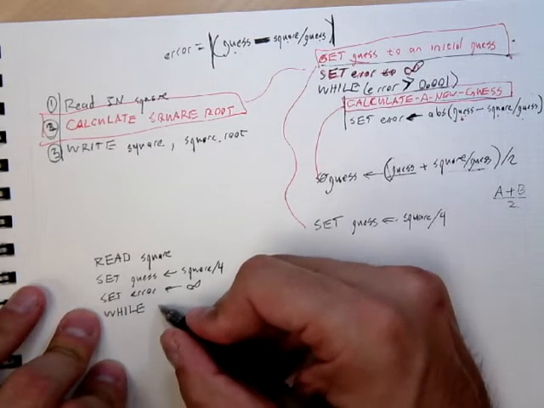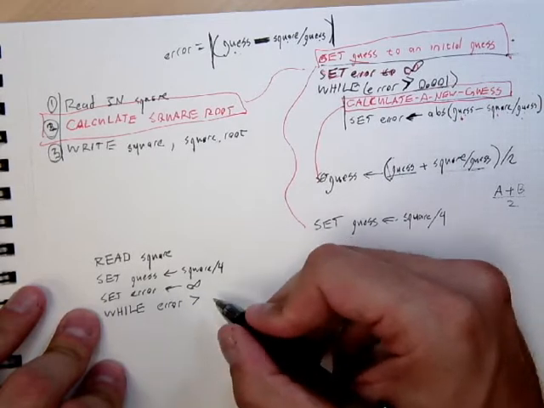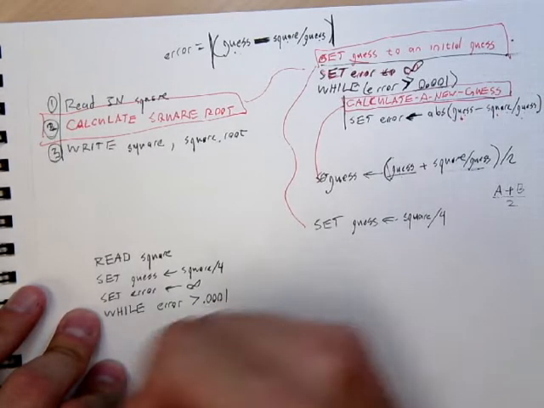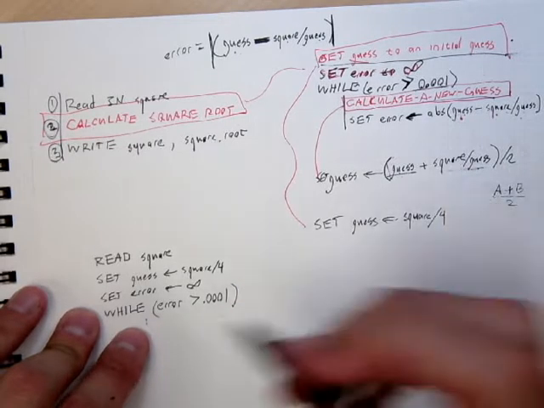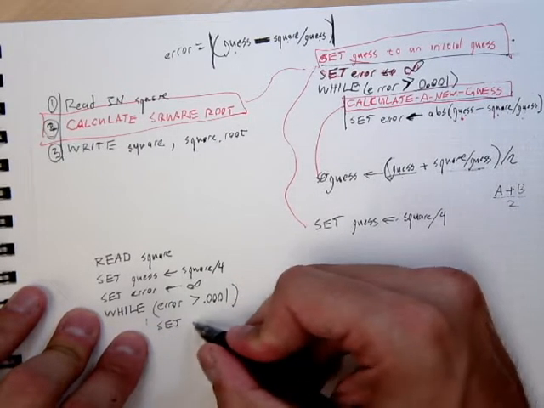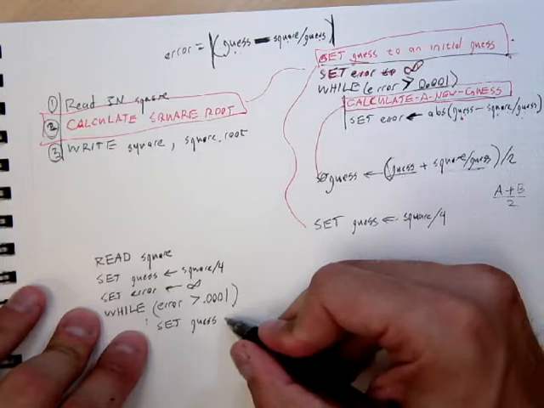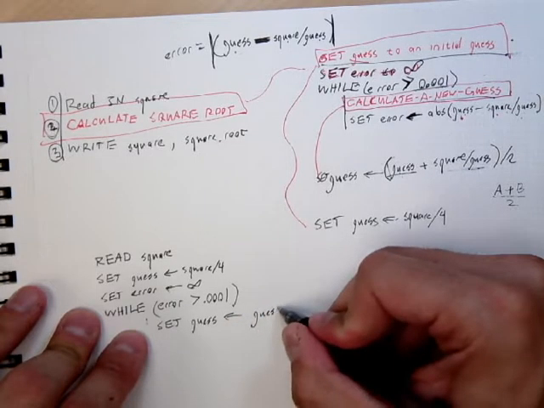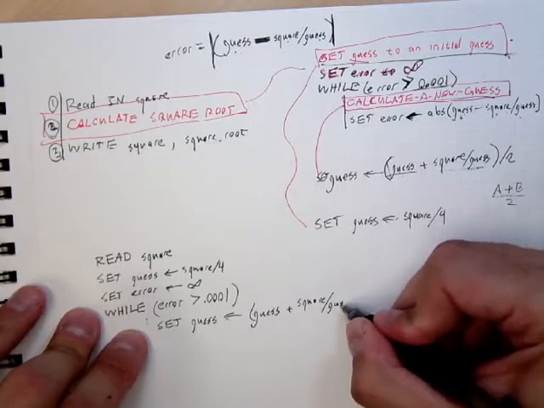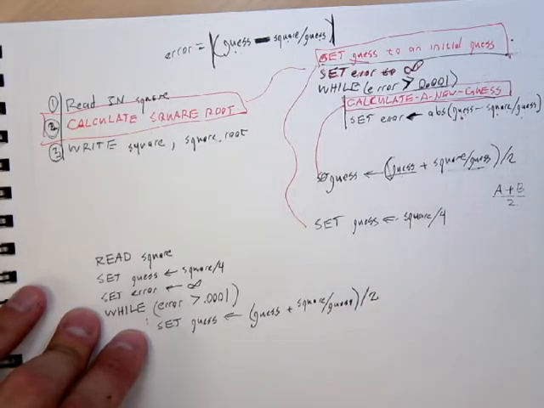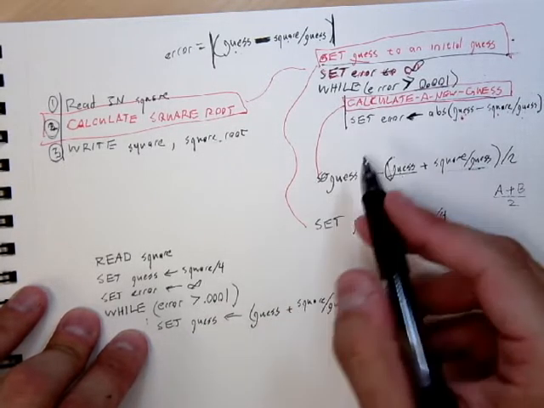So while the error is greater than our tolerance, we are going to calculate a new guess. So in order to calculate a new guess, we set guess to guess plus square divided by guess, divided by 2. And then we have to set the error, right?